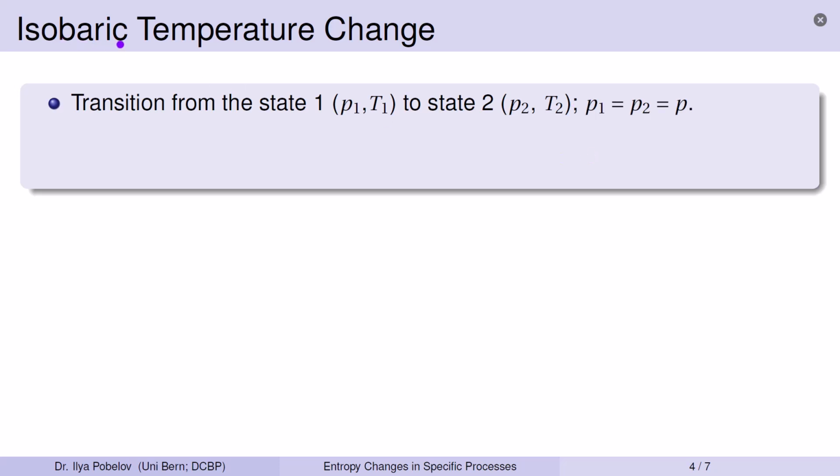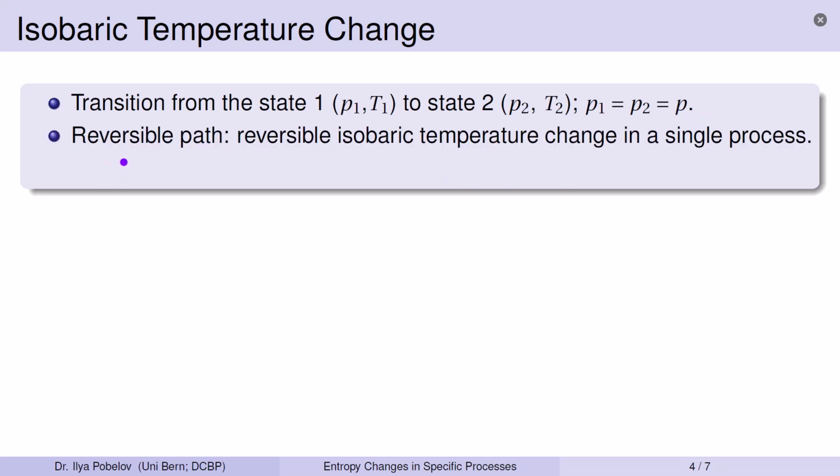Given our isobaric conditions, the pressure P2 remains equal to P1, and we can refer to both pressures as P. A reversible process that takes us from state 1 to state 2 is a reversible temperature change at constant pressure.